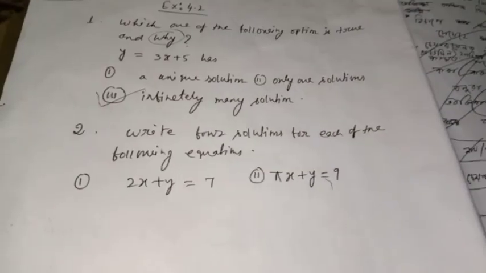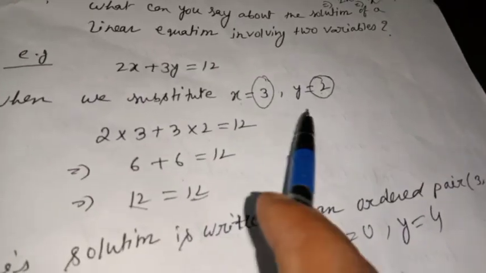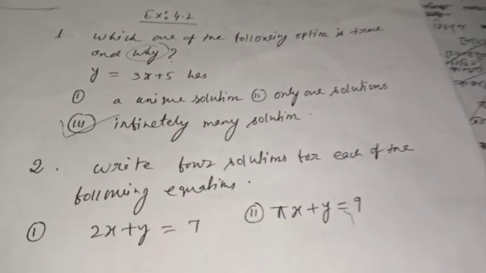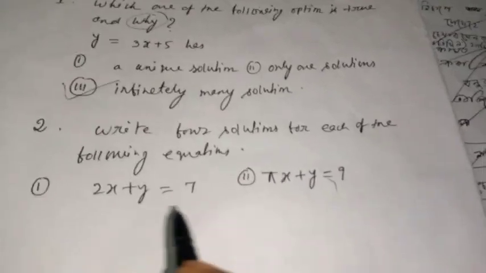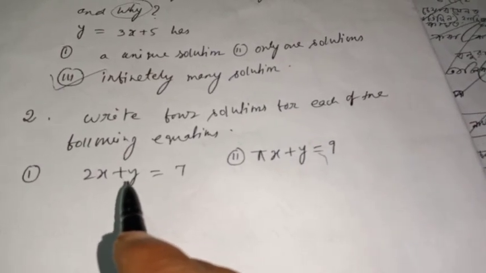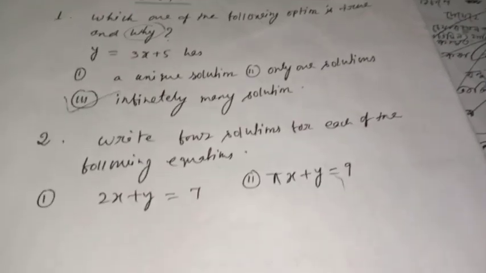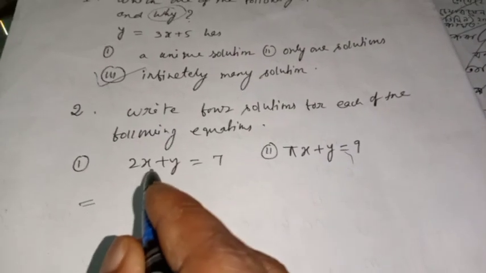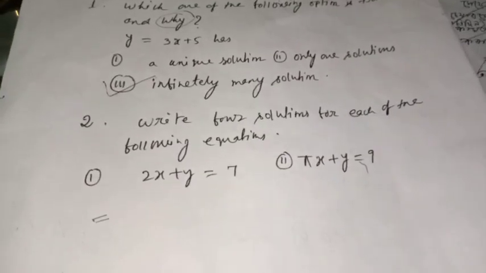When I showed you this explanation, the value of x and y, this one I had taken directly. Yes or no? But how to find out? To find out the 4 solutions of each of the following equations, first of all, for question number 1, you have to express this equation in terms of y or in terms of x.